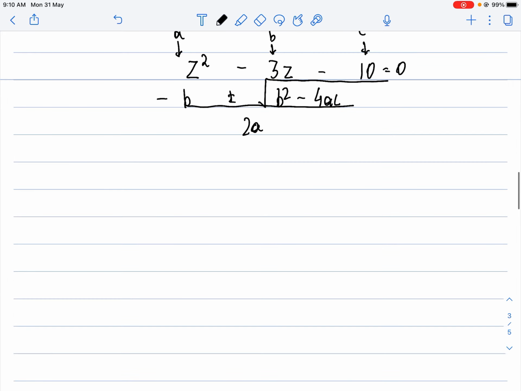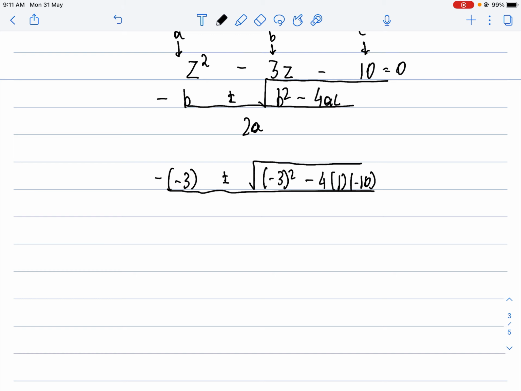So I can basically write this as minus of -3 plus minus the square root of -3 the whole square minus 4 into 1 into -10, over 2 into 1.